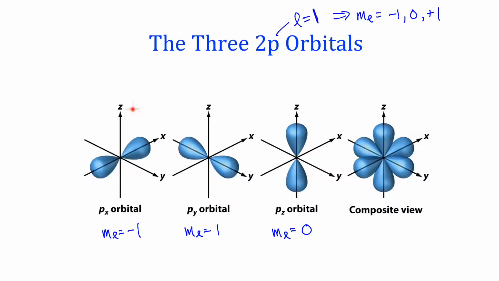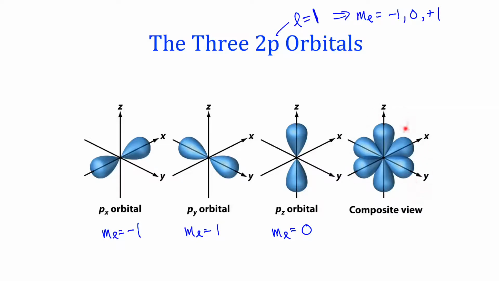So if you were just given these pictures, you should be able to identify a px orbital, a py orbital, and a pz orbital, just by recognizing which axis that orbital is aligned on. That's how they get their labels.